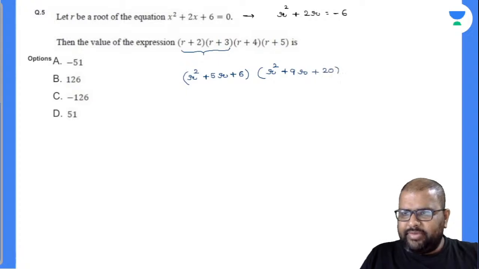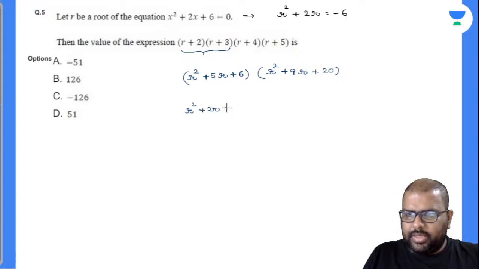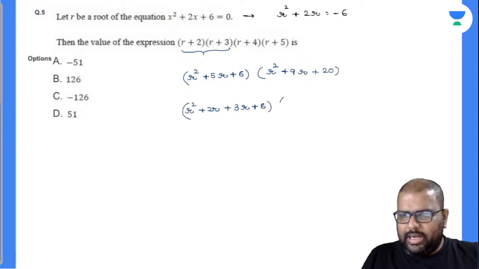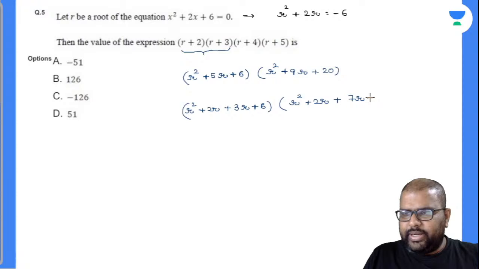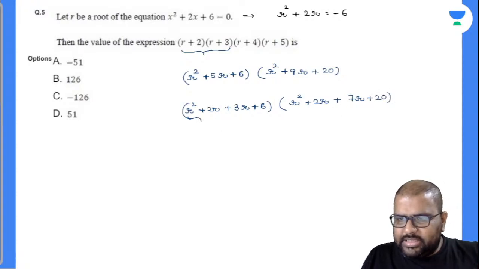Now observe here, can I write down the same equation like this? R square plus 2r plus 3r plus 6. Can I write down the same equation like this? R square plus 2r plus 7r plus 14. Now can I write down this as minus 6 there?